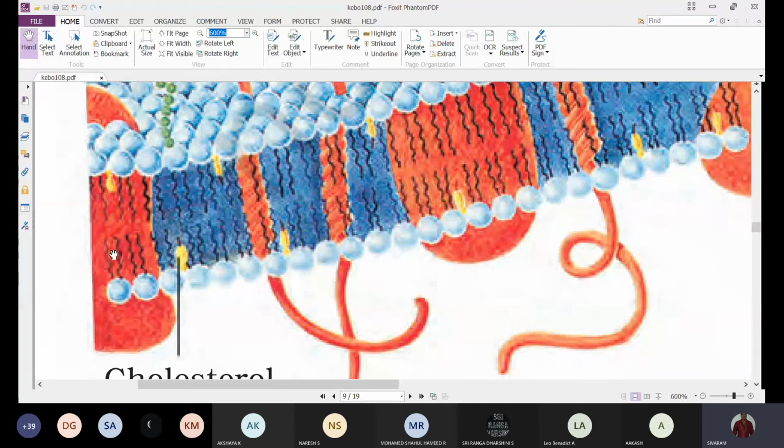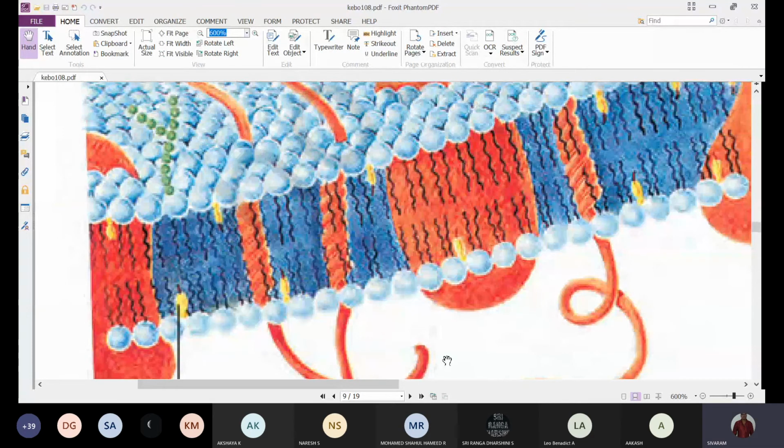The hydrophobic tails are present towards the inner side, whereas the hydrophilic heads are present towards the outer region on both sides. This is one phospholipid layer, and this is another phospholipid layer. That's why we say the plasma membrane consists of a lipid bilayer.